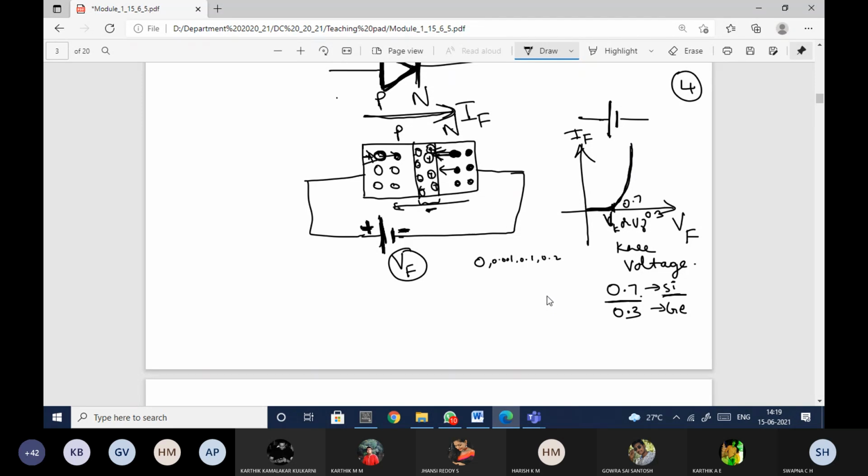Hope these forward characteristics are okay. Here the current is increasing, and this type of biasing, when P is connected to positive and N is connected to negative, is said to be forward biased, or forward biasing.